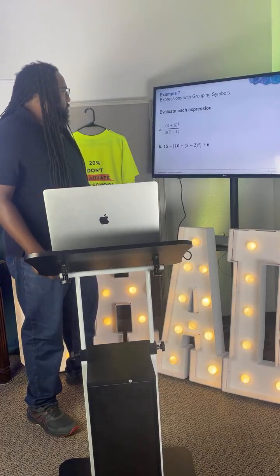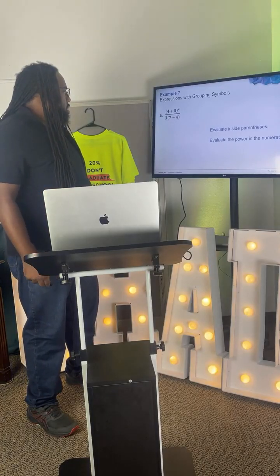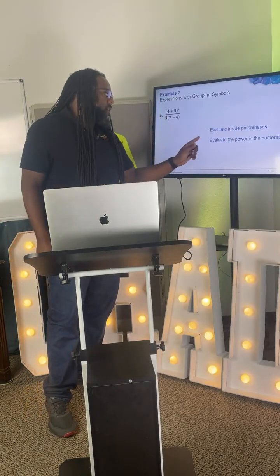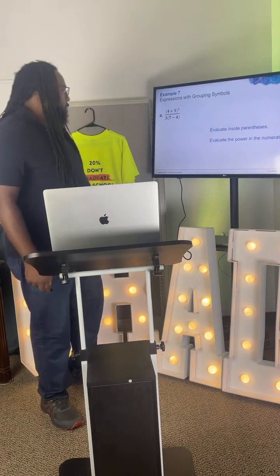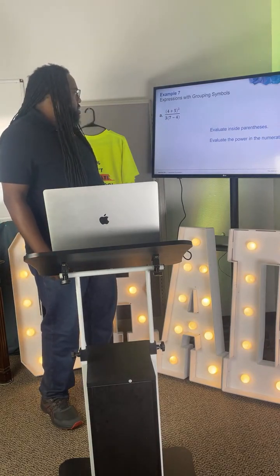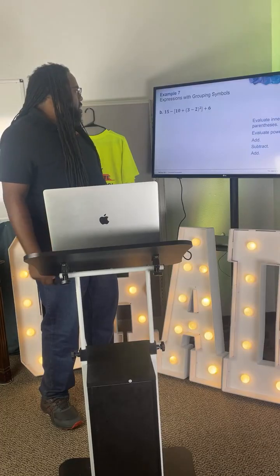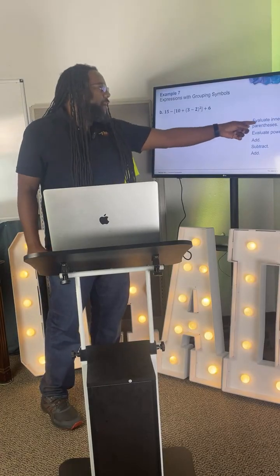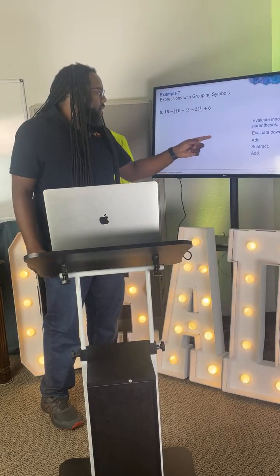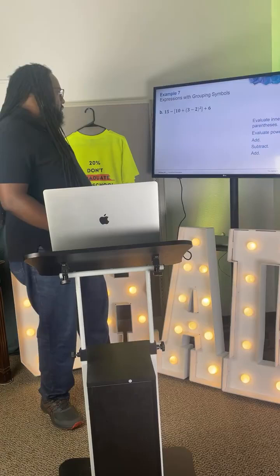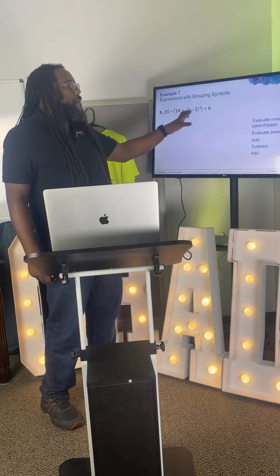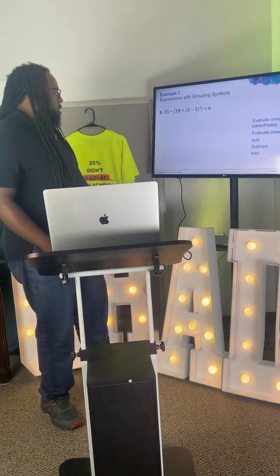Then we'll continue on. So we're going to evaluate inside the parentheses and then evaluate the power. Then we evaluate the innermost parentheses, evaluate that power, add, subtract. So we always start with the innermost before going to the outer ones.